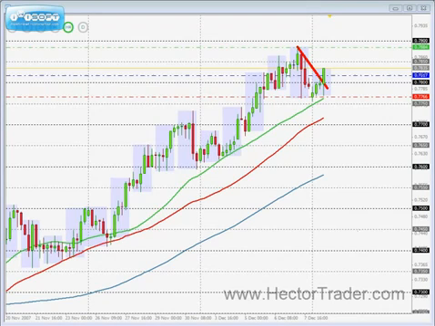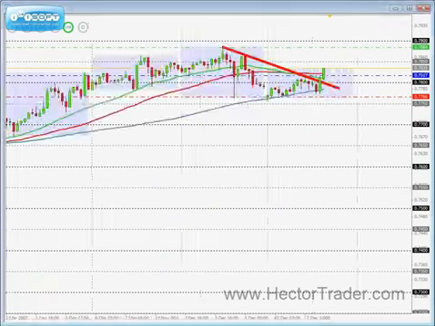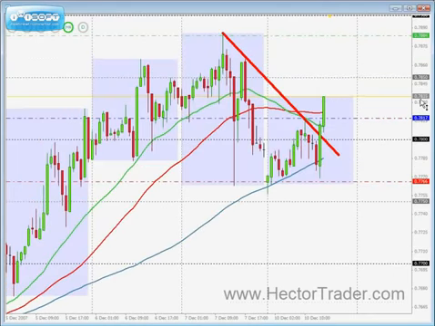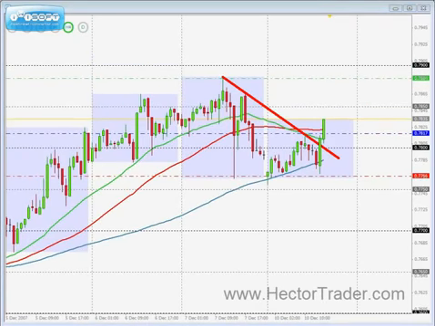Now, zooming into the trigger charts, after having retraced back to that confluence of support around 0.7750, then zooming into the 1 hour time frame, what I'm seeing is a bounce off that area.